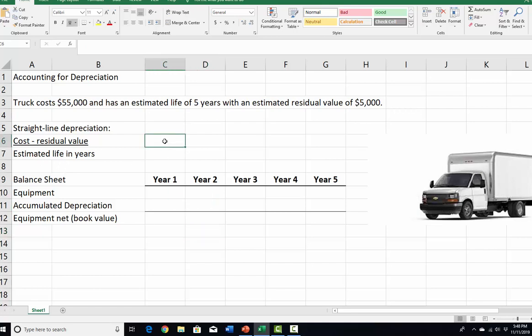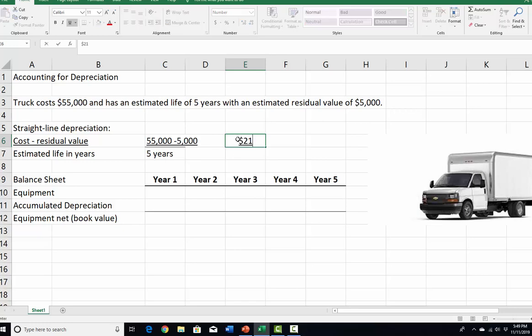So our cost is $55,000, right? Minus residual, divided by useful life in years, 5 years. All right? That is going to give us our depreciation per year. So take 55,000 minus 5,000, that gives you 50,000, divide by 5 years.